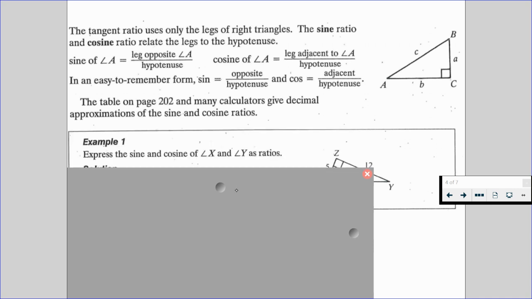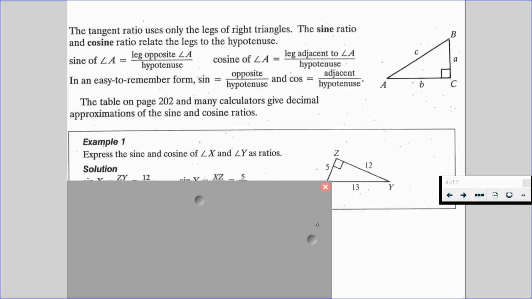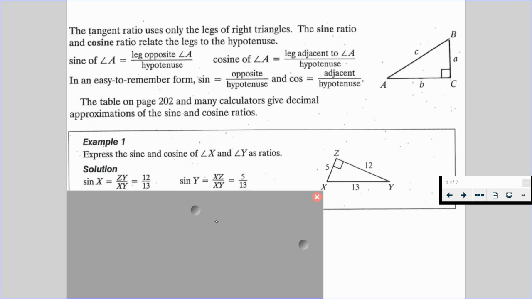And in example number 1, we are asked to express the sine and cosine of angle X and angle Y as ratios. So, sine of X is going to be ZY over XY, or 12 over 13. Sine of Y is going to be XY, no, I lied, it's going to be XZ over XY, I'm so sorry, is equal to 5 over 13, because sine is the opposite over the hypotenuse.